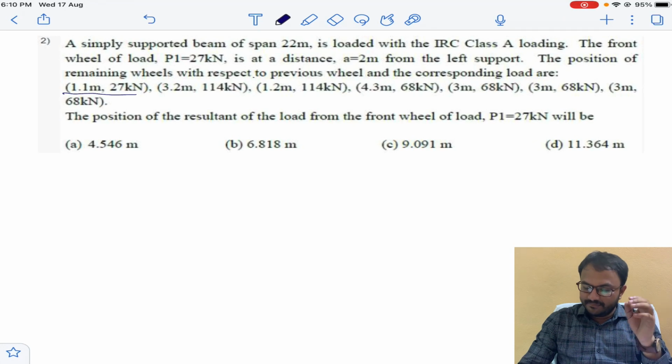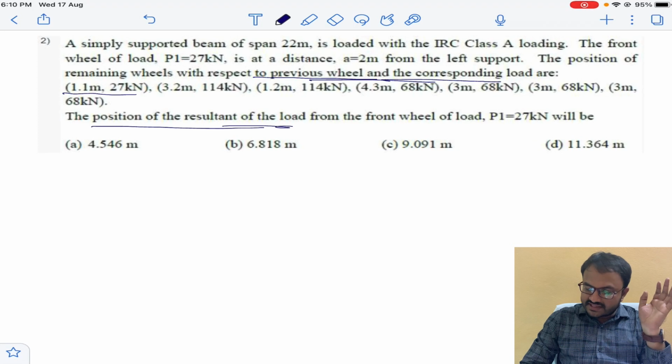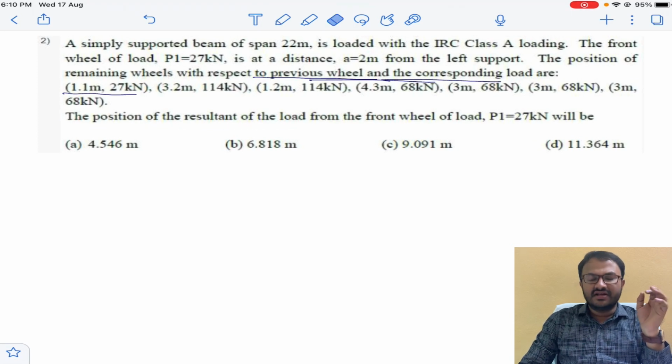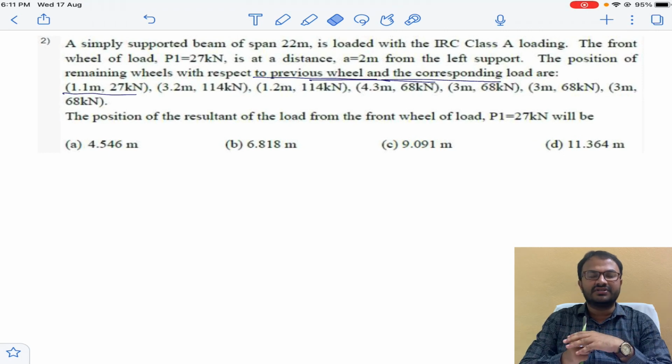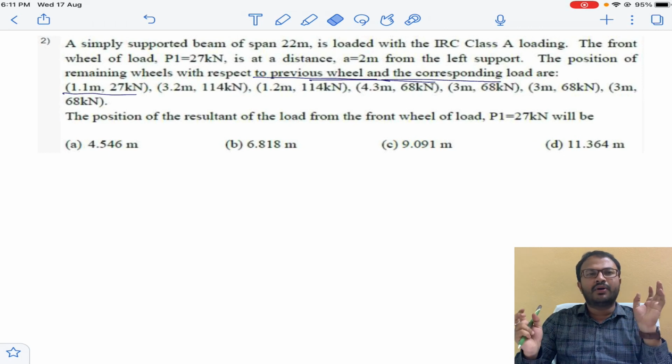You need to observe this very carefully, because we need to place the loads according to the distances he has given. Questions 2, 3, 4, 5 are all related to the same data. Don't be afraid of this. He has given so many loads and distances between the loads, but it is a very simple problem.